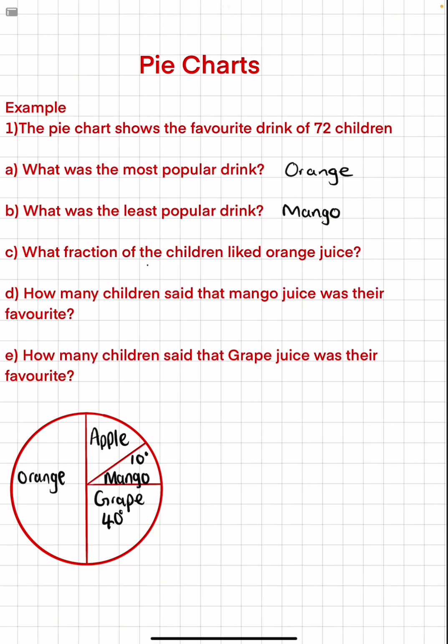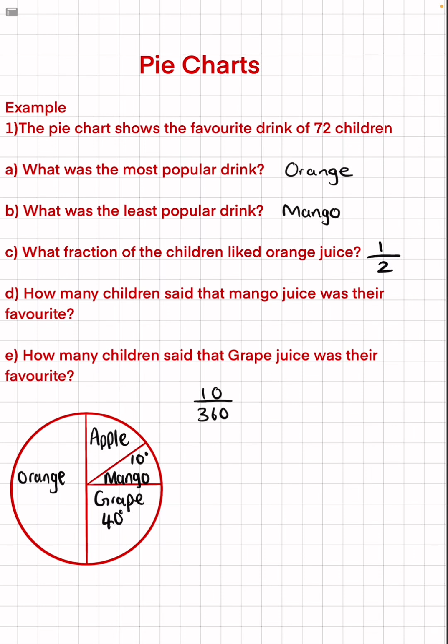Part C says what fraction of the children liked orange juice. The pie chart shows half of the children liked orange juice, so the fraction is half. Part D says how many children said that mango juice was their favourite. The angle sector for mango is 10 degrees. The whole pie chart is 360 degrees, so the fraction is 10 over 360.